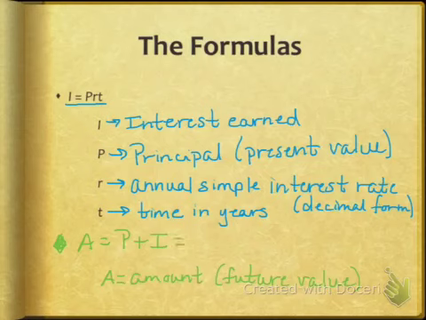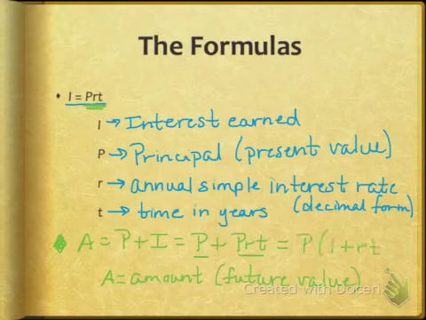Well, since we know that interest is equal to PRT, we could actually write this as P plus the PRT that interest is equal to. And actually we could even change that a little bit more, because both of these terms have a P in common. So we could factor the P out and be left with 1 plus R times T in the parentheses.